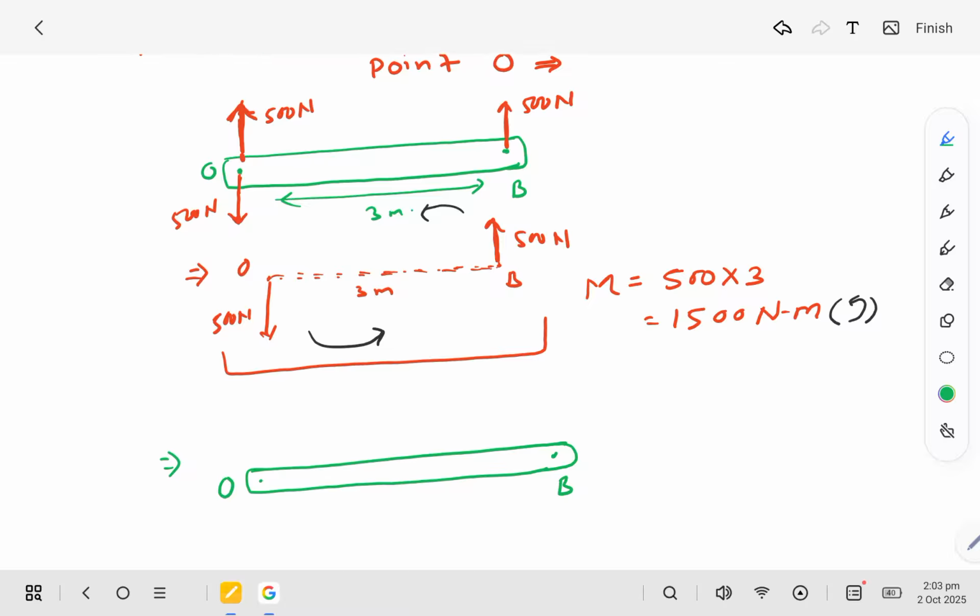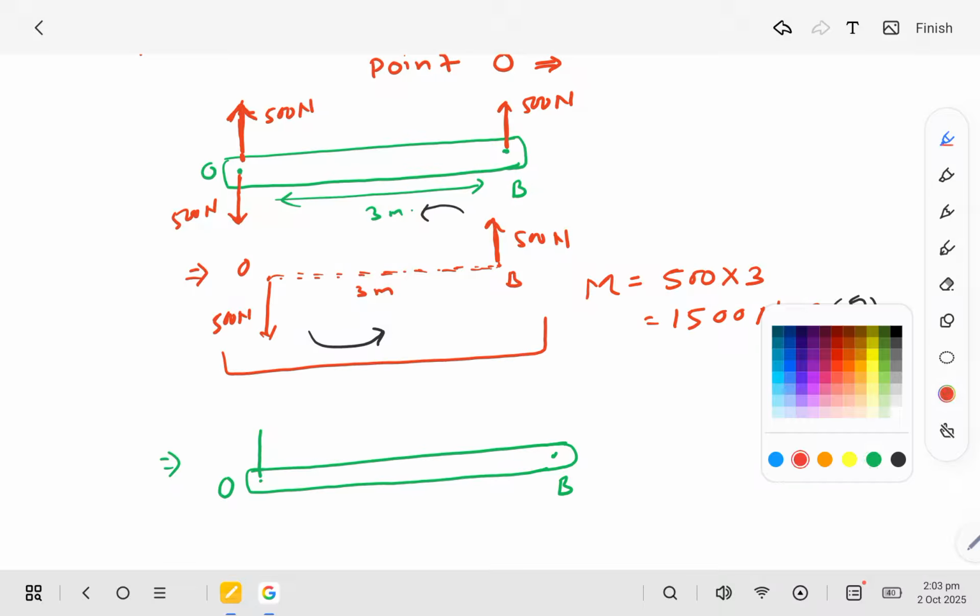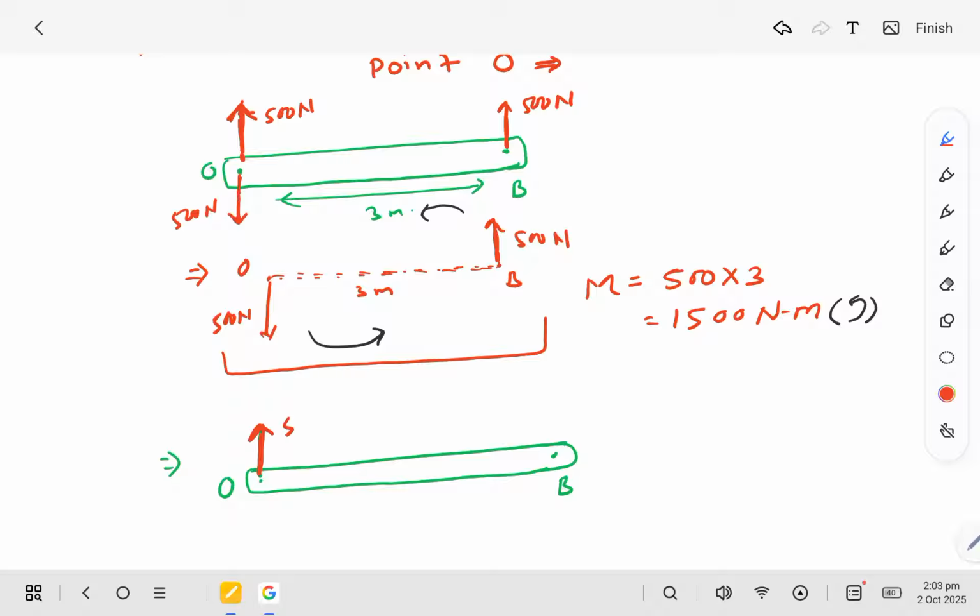So we have the remaining force here, 500 Newton, and the couple of M equal to 1500 Newton meter.